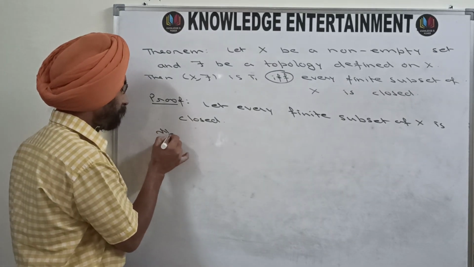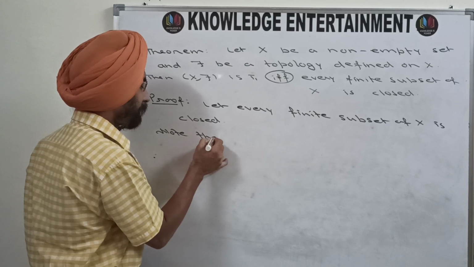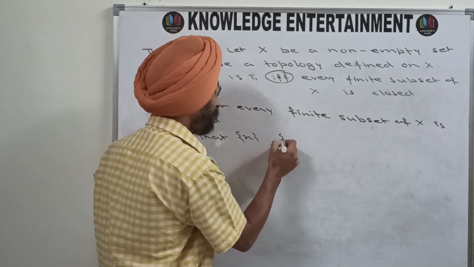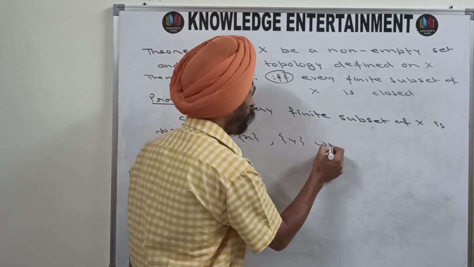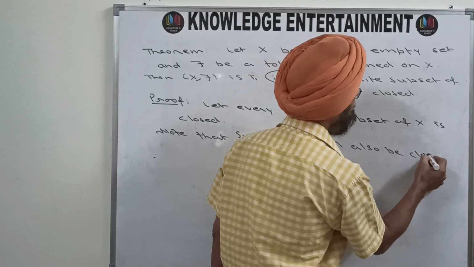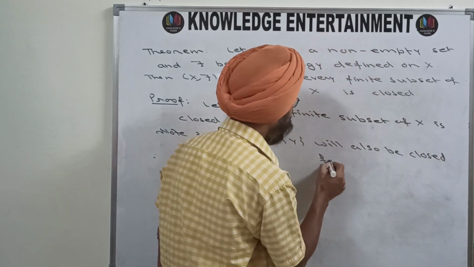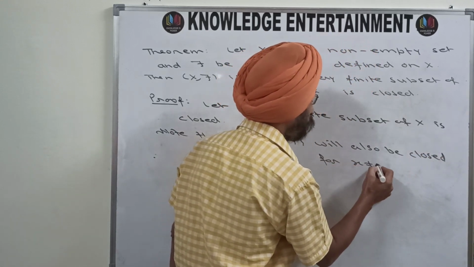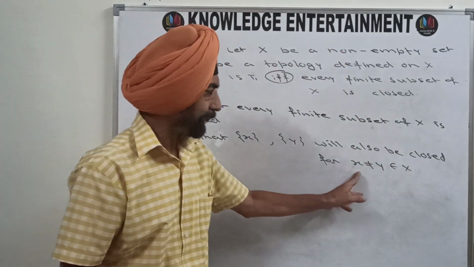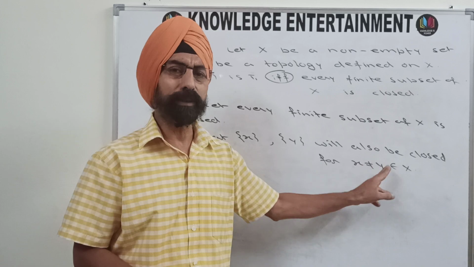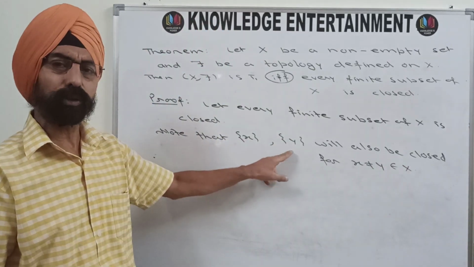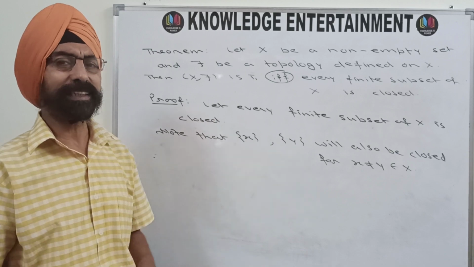Note that singleton set {x} and singleton set {y} will also be closed for x not equal to y belonging to X. If you take any two distinct elements x and y from X, then singleton set {x} will be closed, singleton set {y} will be closed, because these are also finite sets.